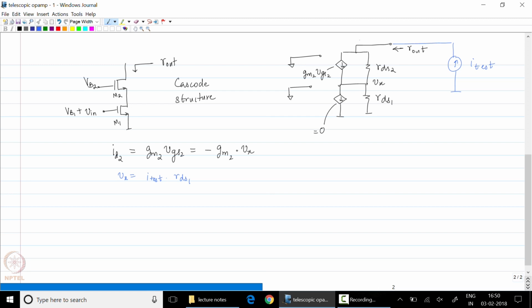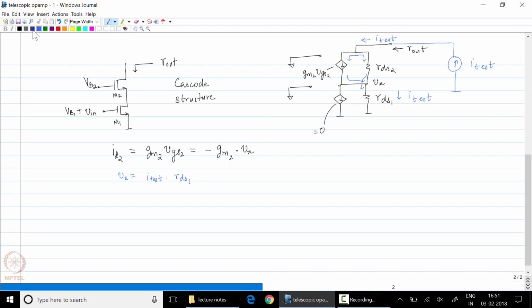This is because the current I test flows into the output node, splits between these two devices, these two components, and combines back up to flow through rds1. So the current through rds1 is also I test. Therefore, Vx is equal to I test times rds1.